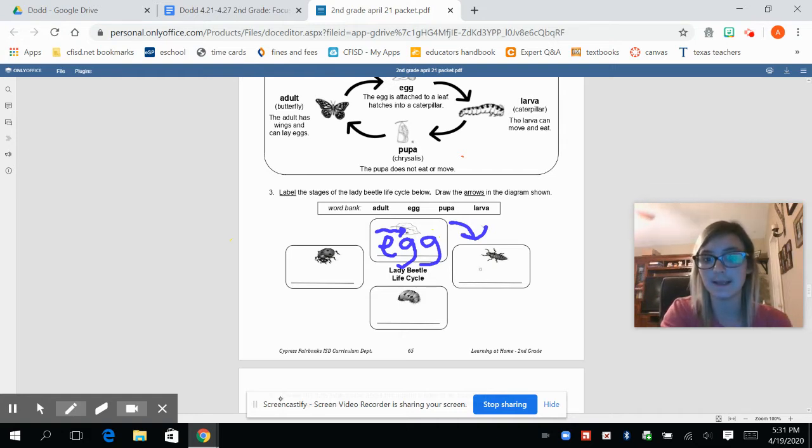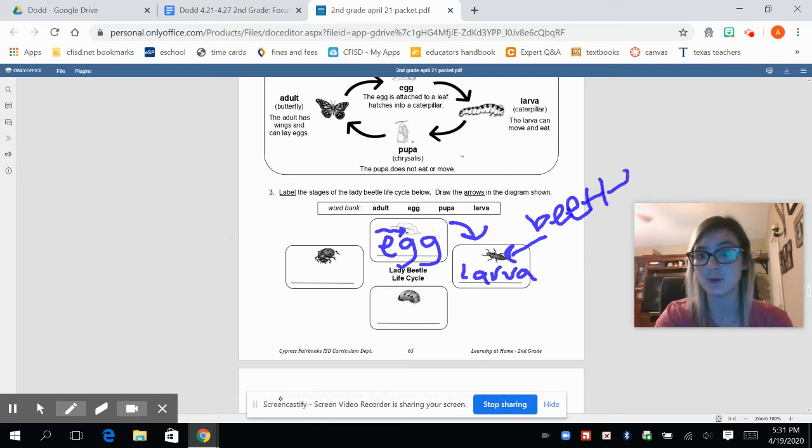The beetle is the larva. And remember, the larva can move and eat. So our larva right here is the beetle before it's gone through its beautiful change.